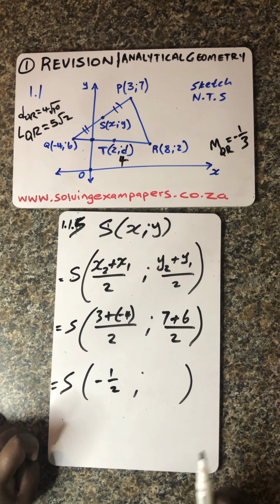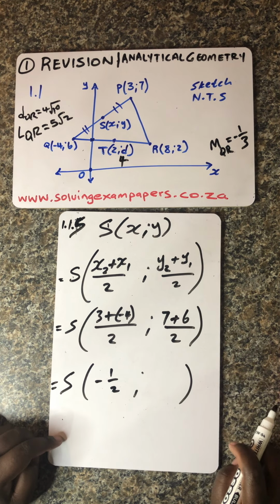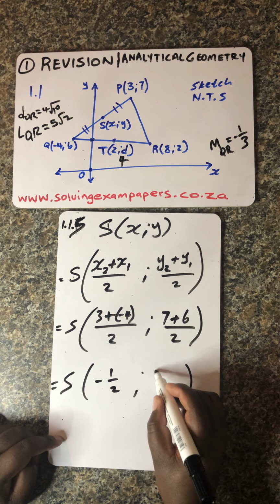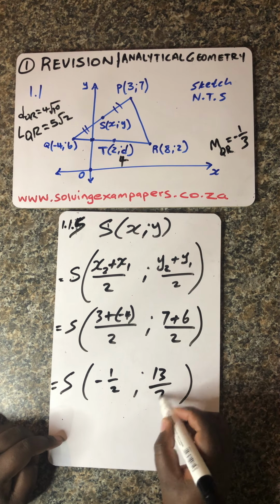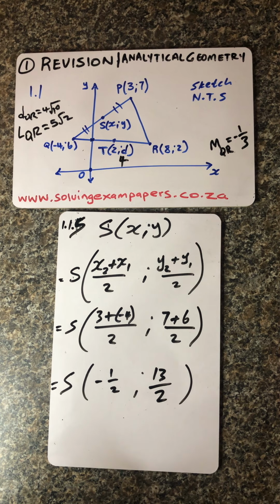I'll just explain to you something shortly. So now let's proceed to that one. Obviously, it's 13 over 2.